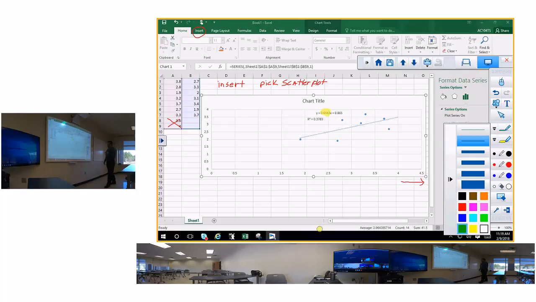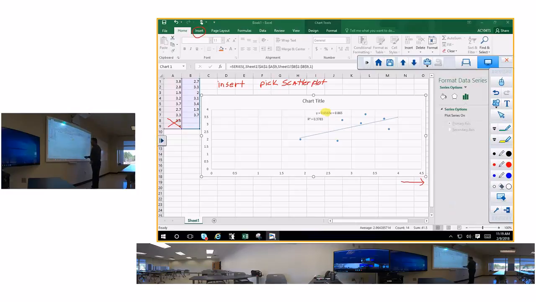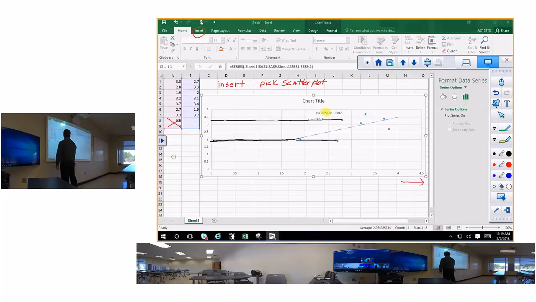Now, how close it fits to those dots is basically your correlation coefficient. Now, if I explained it to you, the spread of these lines, see, I'm going to take each one of these points and I'm going to extend it to the y-axis. Like that, like that, like that, like that, and like that.